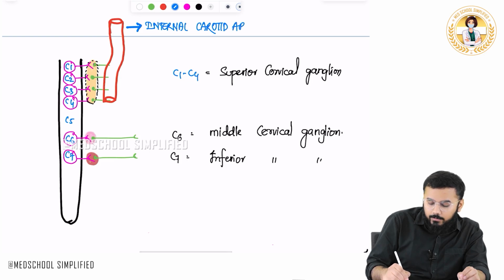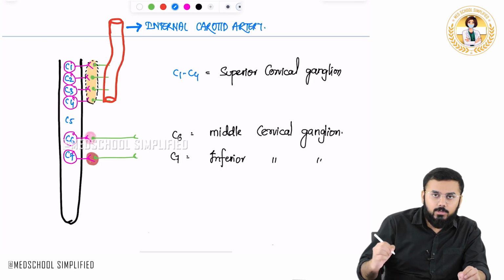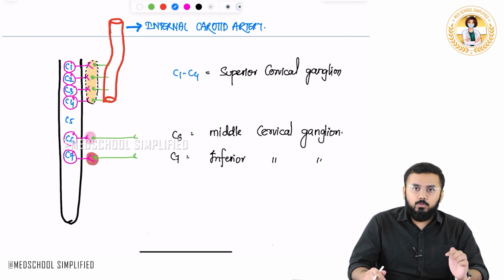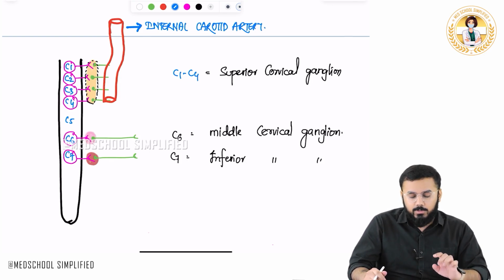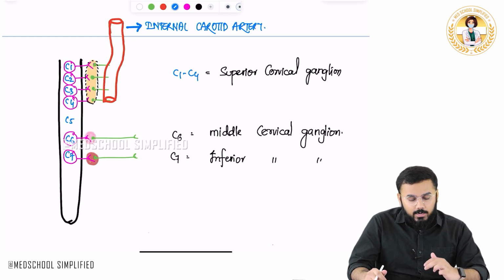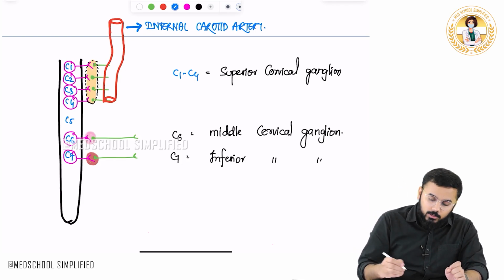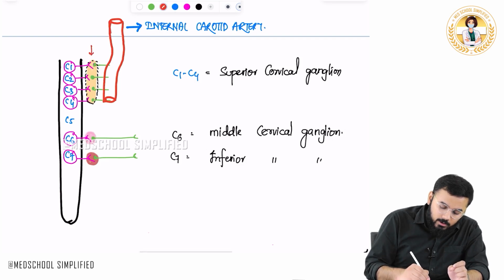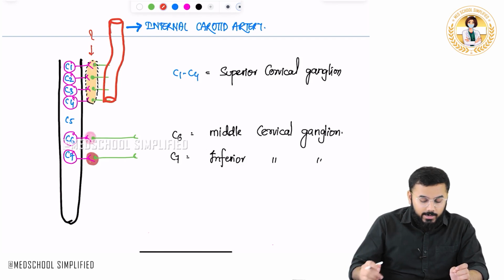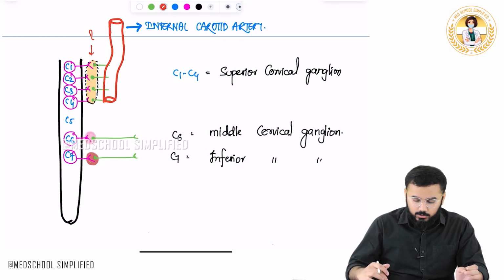If I ask you where the superior cervical ganglion is, you have to tell that it lies posterior to the internal carotid artery and anterior to spinal segments C1 to C4. So it is located behind the internal carotid artery and in front of the spinal segments C1 to C4.